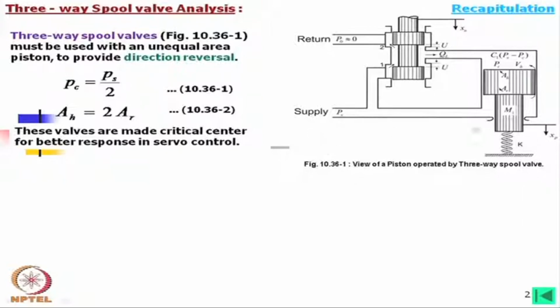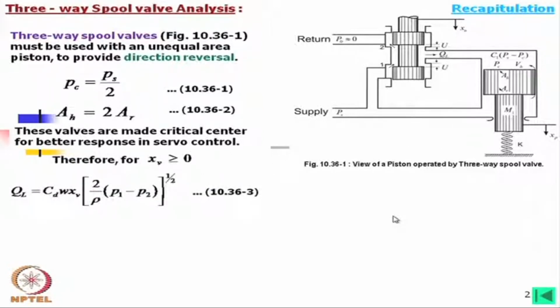So, as we need frequent movement, I mean reversal motion of these pistons, the critical center spool valve is the best. Now, if we recall our earlier development of the formulations, then we can write down the load flow for the displacement in the positive direction, that means in this direction.